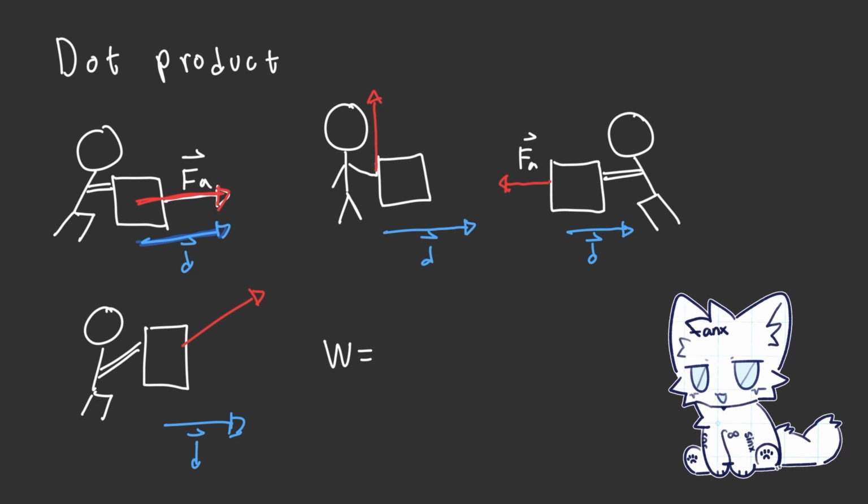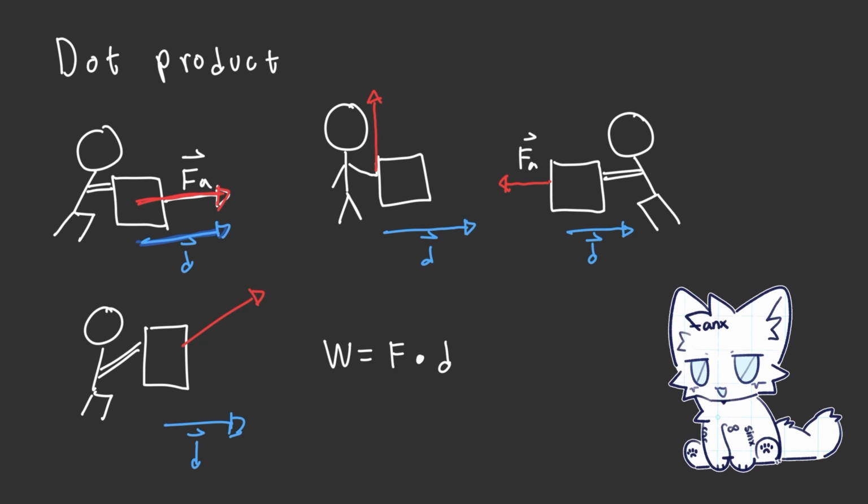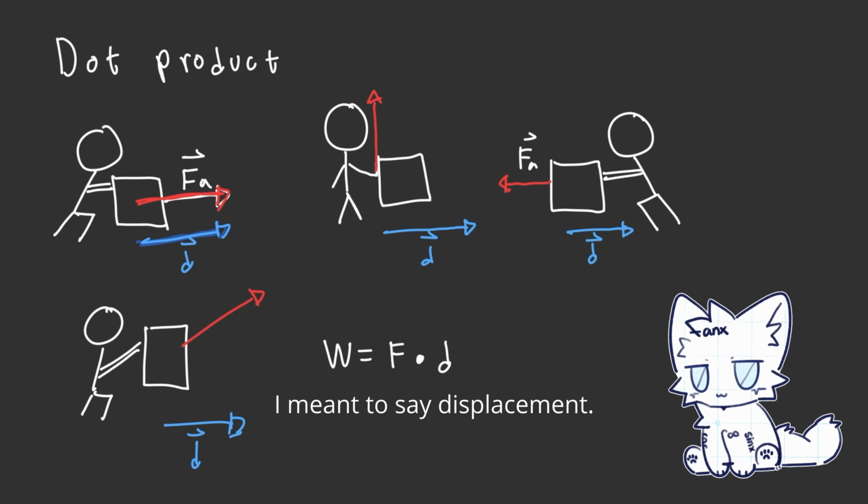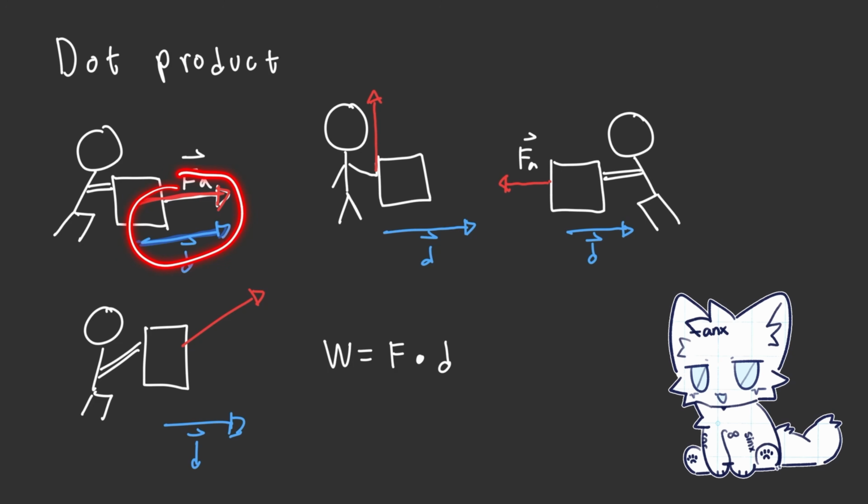Work is equal to force dot distance. And we can see that when the vectors are aligned perfectly, you get the largest output scalar, or the largest amount of work.